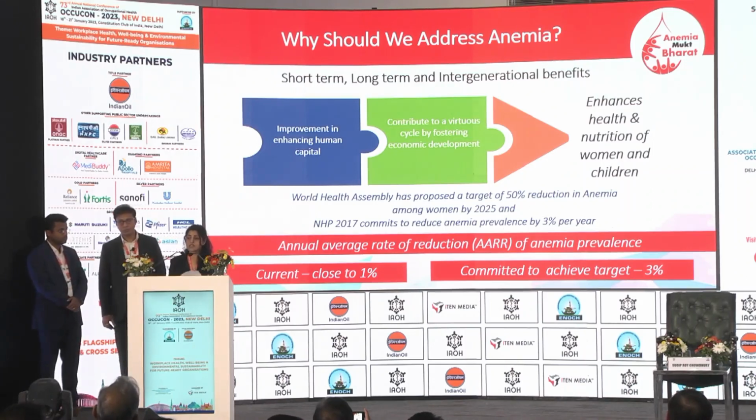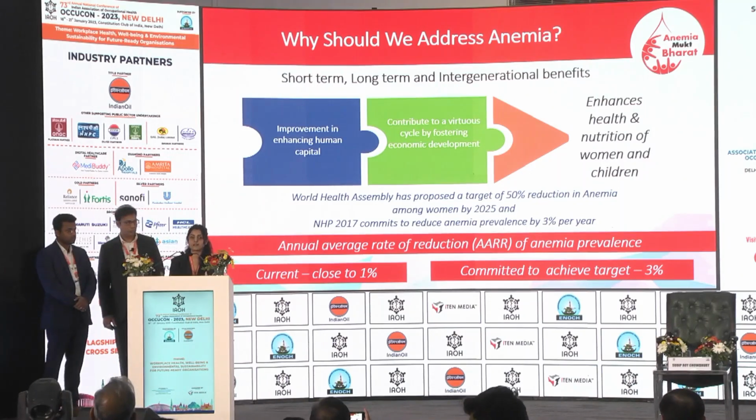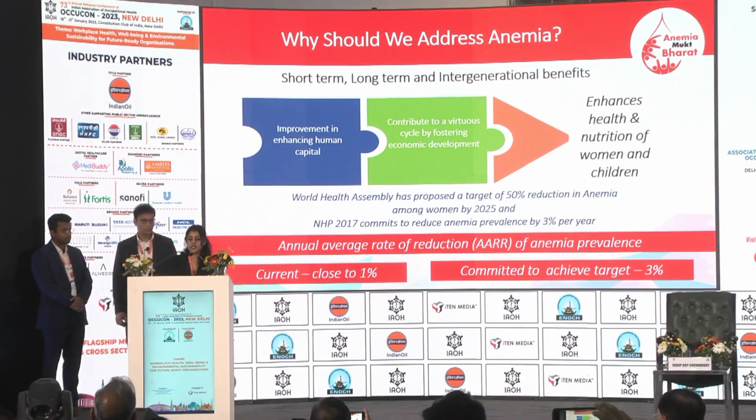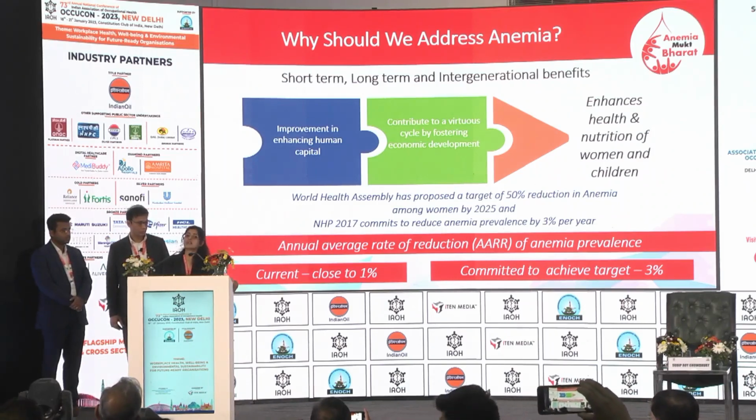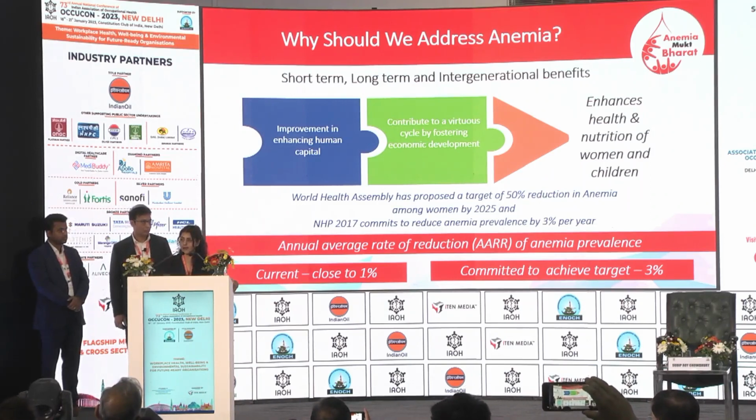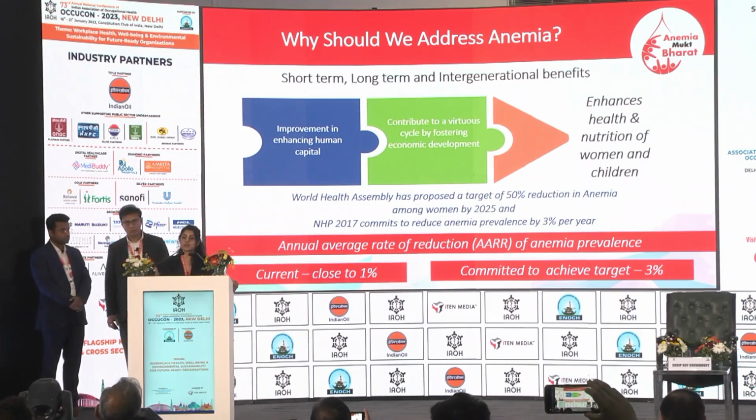This also causes an increased prevalence of infections at a very early age. Therefore, for them, it is not just a public health issue. It is also a social problem for them when they go into adulthood.